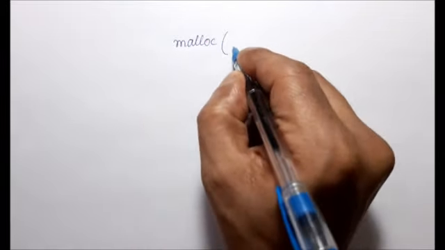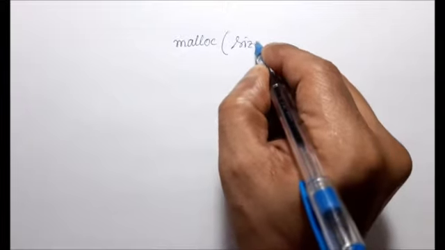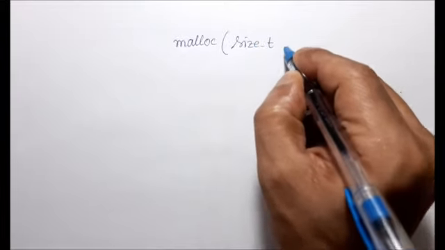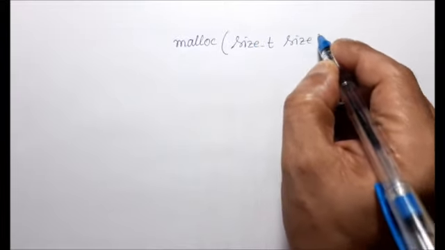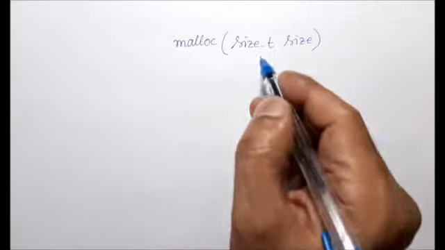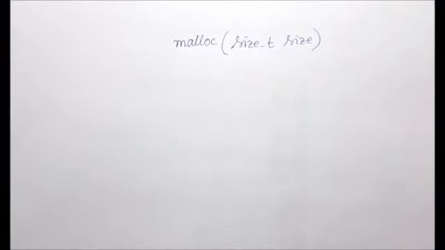Then we specify size_t size. We pass an argument, that is size: how many bytes are required. It allocates a single large block of memory with the specified size.